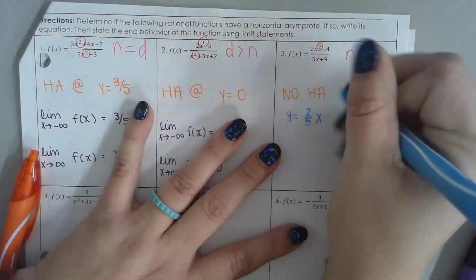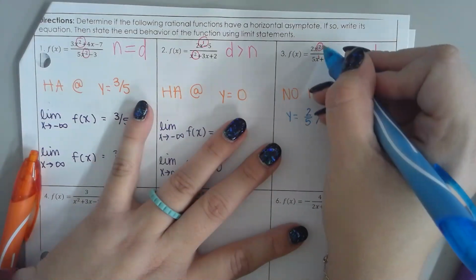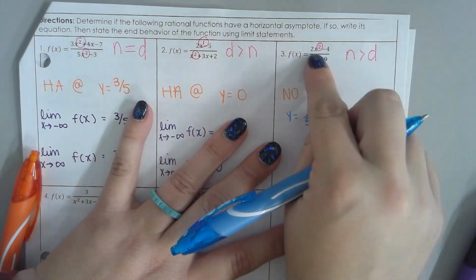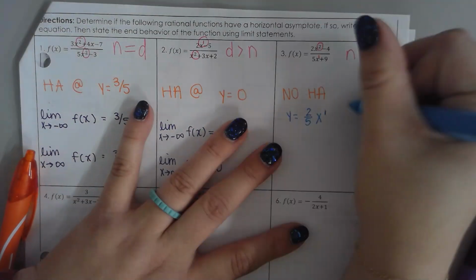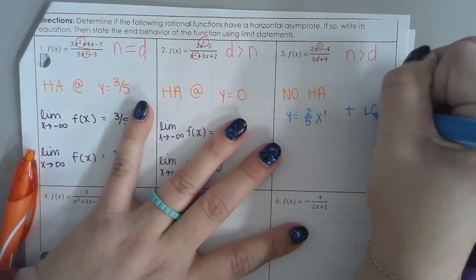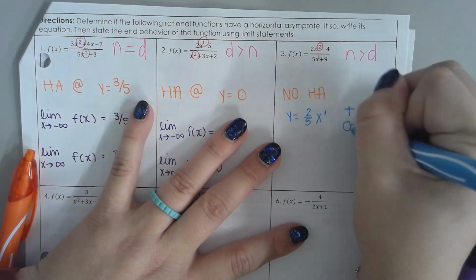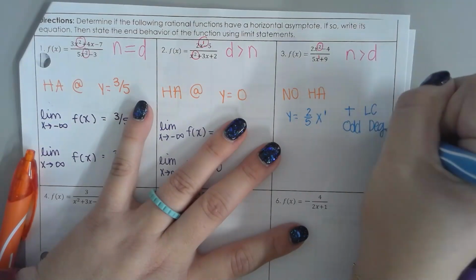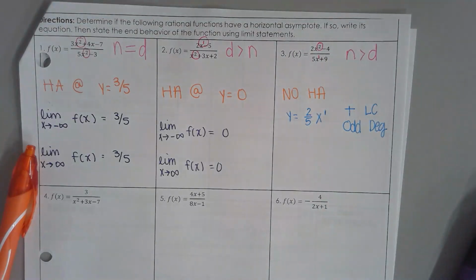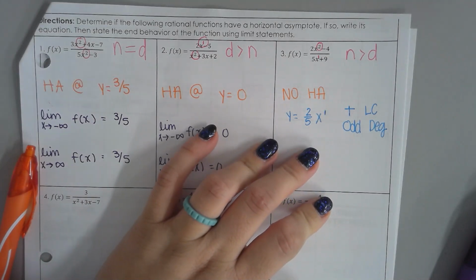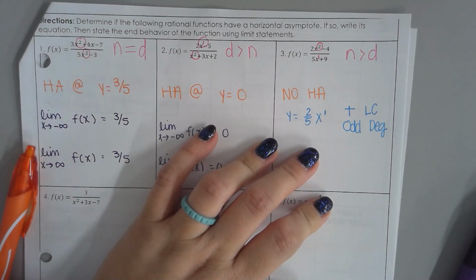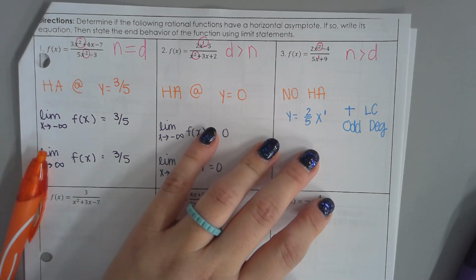X to the first. 2 minus 1 is 1. So we have a positive leading coefficient and an odd degree. A positive leading coefficient and an odd degree means on the left it's pointing down and on the right it's pointing up.